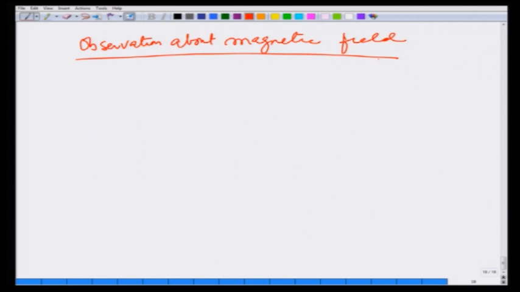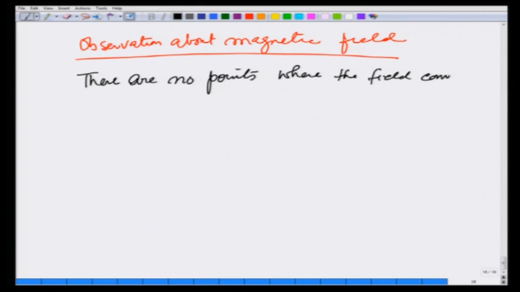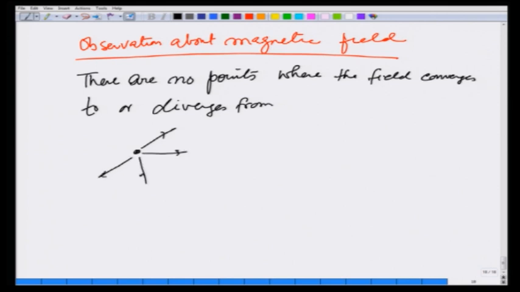The other thing which is observed about magnetic field is that there are no points where the field converges to or diverges from. That means, although in the electric field you saw a charge q gave you field lines like this, in magnetic case you never find a point where it happens.